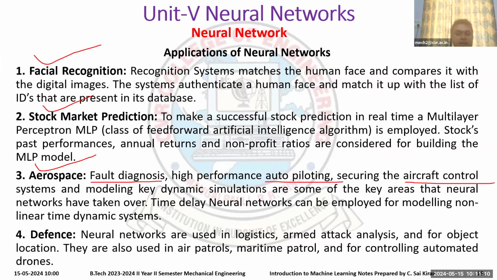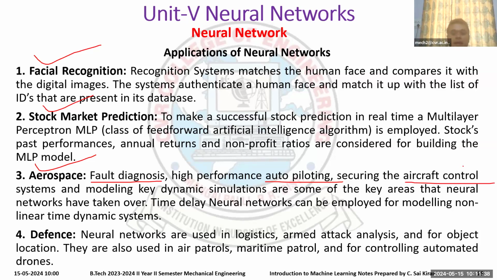Securing the aircraft control. Aircraft control system is nothing but just on the runway, there should be only one aircraft. So if any aircraft is there, then another aircraft has to roam in the air until there's any free slot available in the aircraft control. Because if you see Shamshabad airport, there are around 30 to 50 airplane flights going on daily.